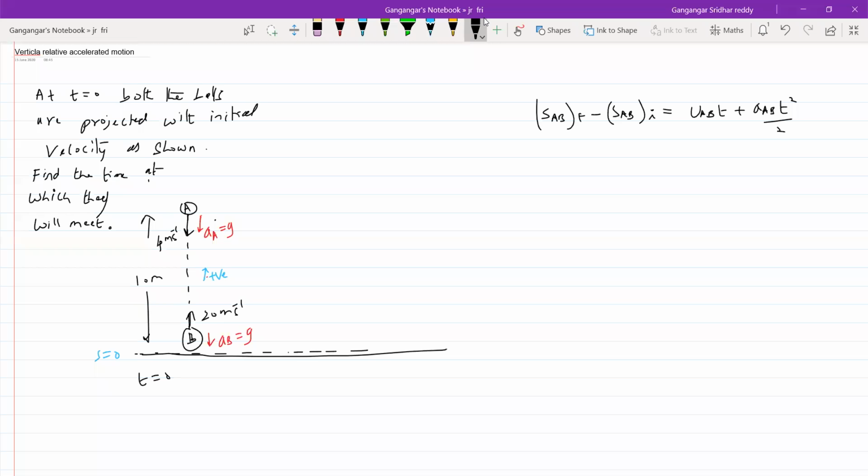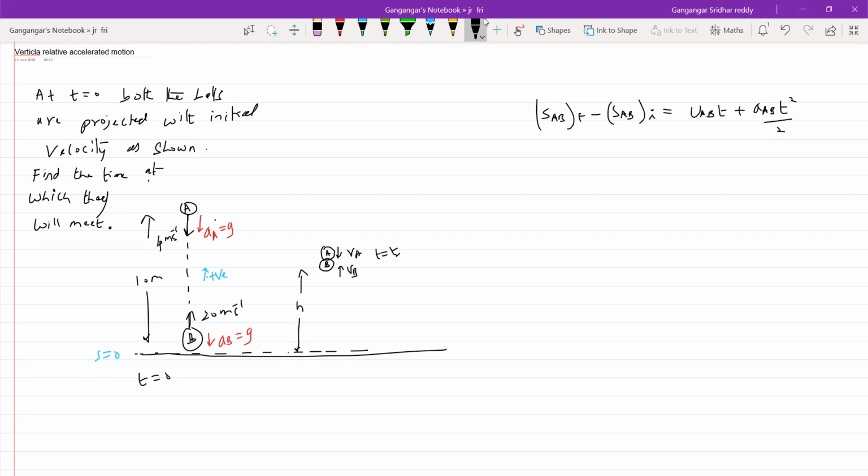They'll meet somewhere here. They need not meet exactly at the midpoint; it can be anywhere. So there's a ball A and a ball B. Here the velocity of ball A will be V_A and this is V_B. Let them meet at height H at time T. Are all of you able to understand the situation?